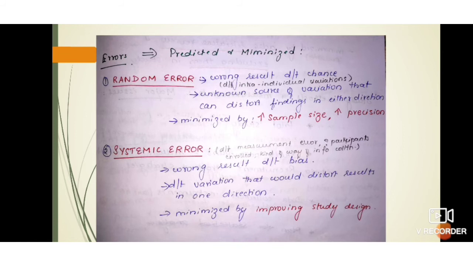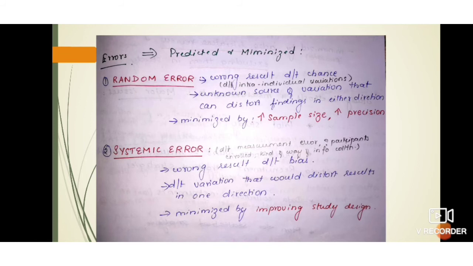Some of the errors which can be predicted and minimized also have to be predicted during the planning phase, so that our study will be significant and acceptable to the experts. Under this we can have random error or systematic error. First of all, what is random error?